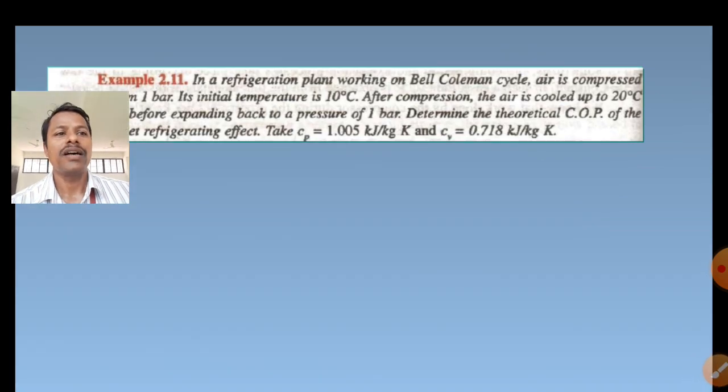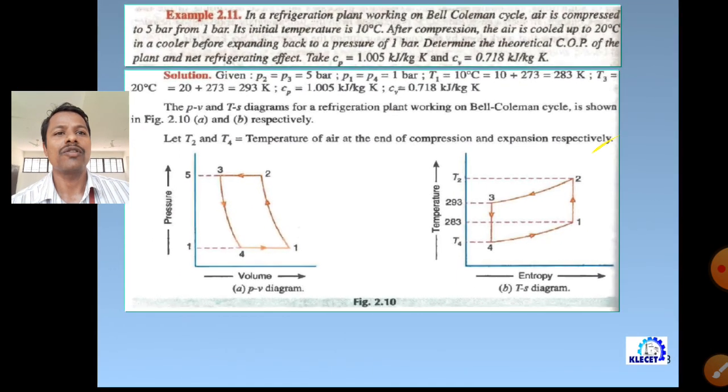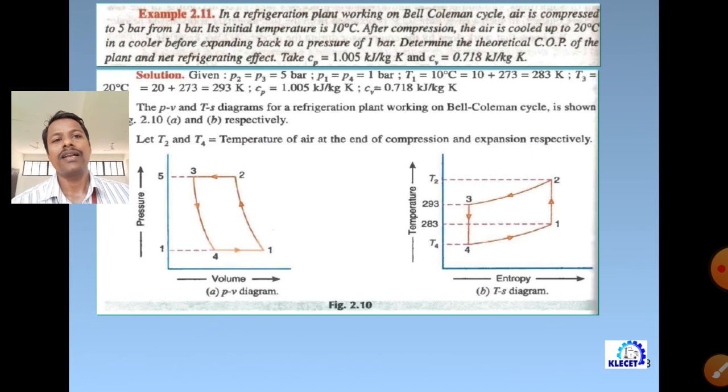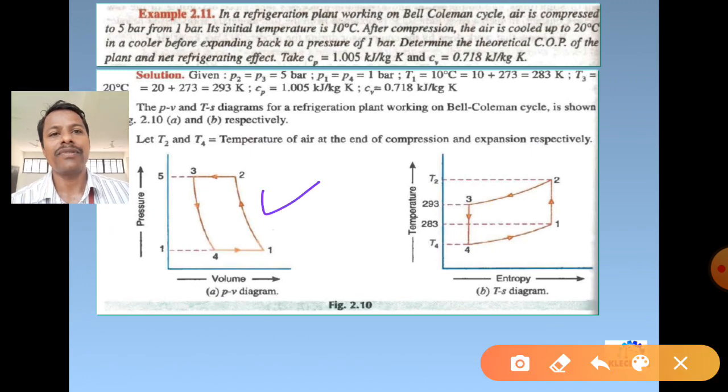So now let us discuss its solution. Here, as we know, this is the PV diagram for the Bell-Coleman cycle, and this is the TS diagram for the Bell-Coleman cycle. Just recapture these diagrams and then assign the notations for the given data.